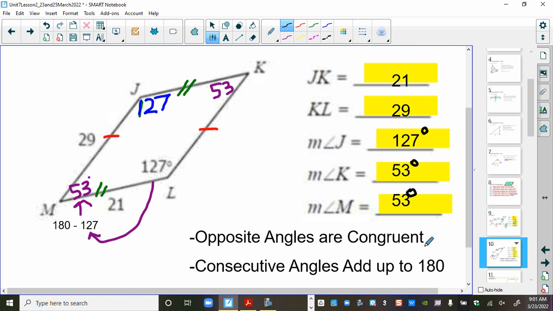When we're dealing with parallelograms, rectangles, rhombus. Well, rhombus and square are going to be slightly different, but not by much. They're going to have similar rules. All right. Questions again before we continue.